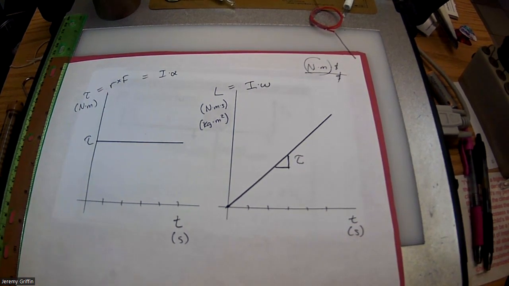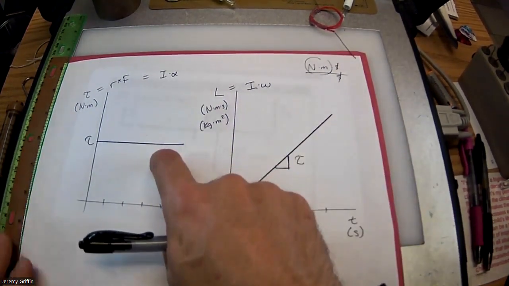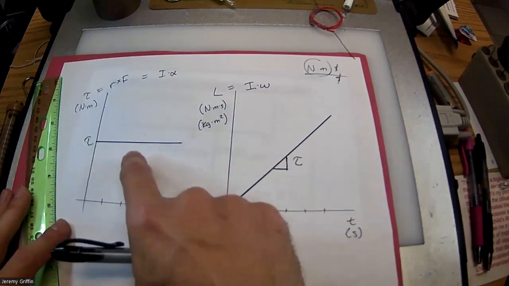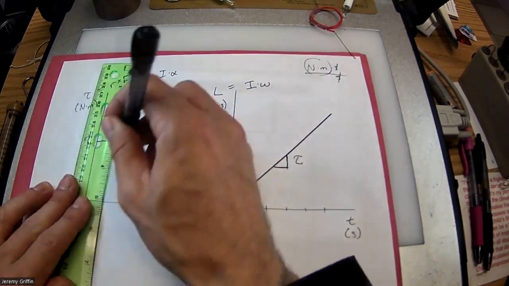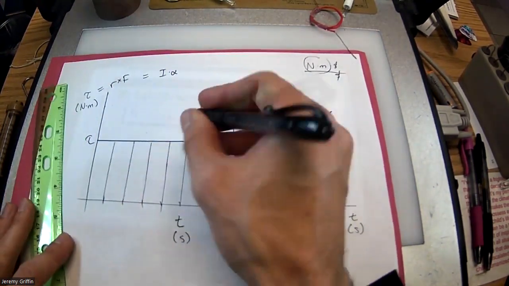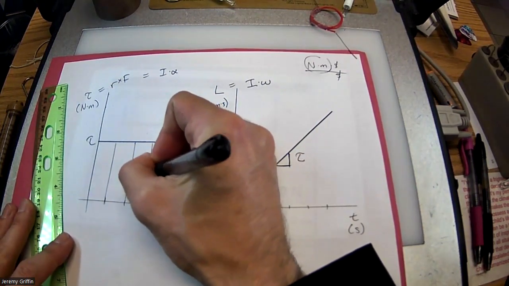Oh, yeah, thanks, Scott. But if there's a property of this graph that represents something about this, could you go the other way too? What property of this graph tells you something about angular momentum? The area under the curve. I'll call it the change in angular momentum, so I'll call this delta L. Can that be true?